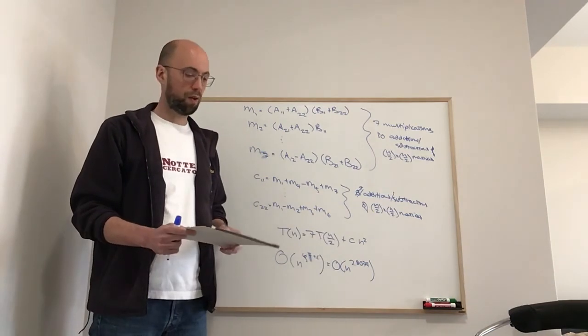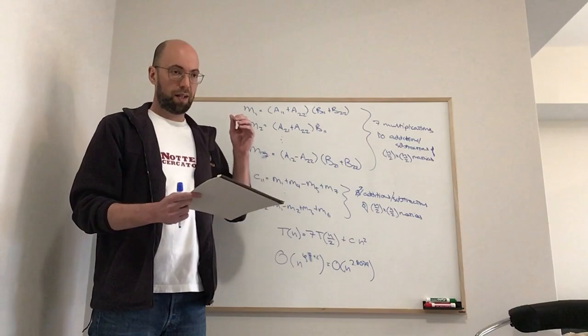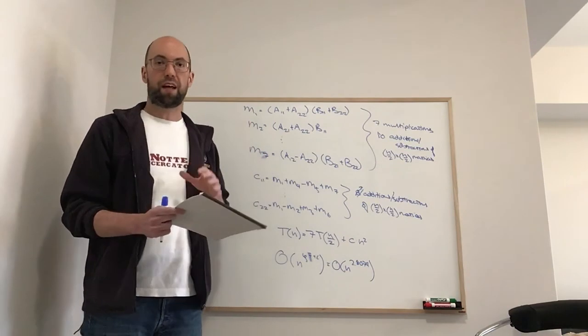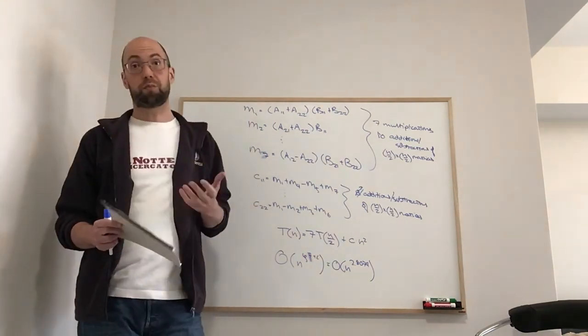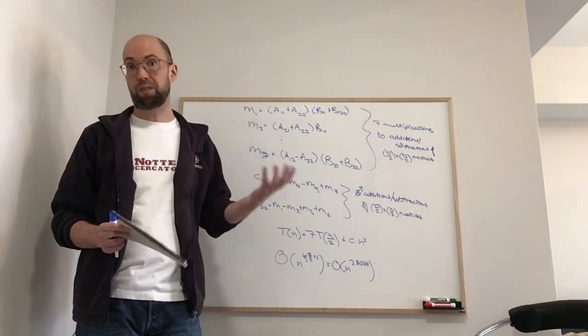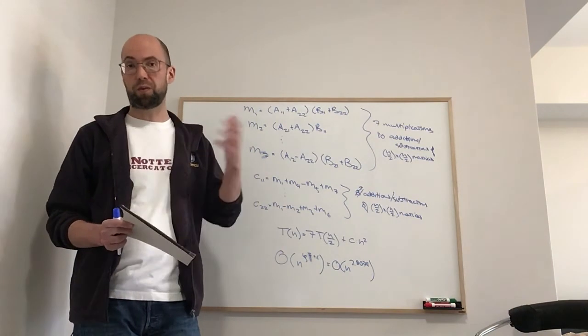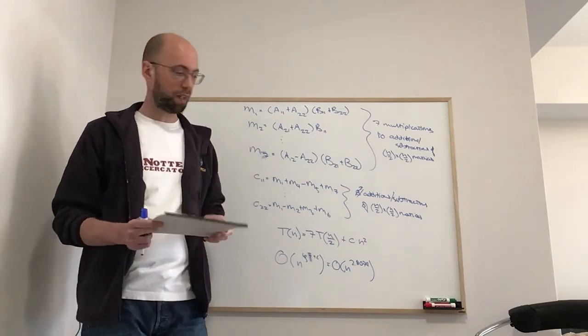Again, as I said, it doesn't make sense to use this algorithm until n is pretty big. n should be at least a few hundred and probably 1,000 or something.